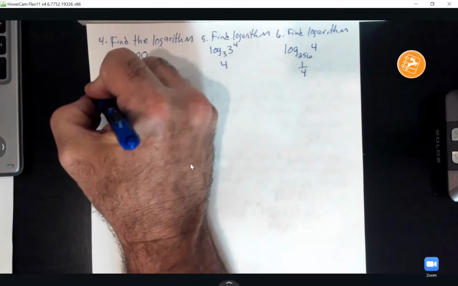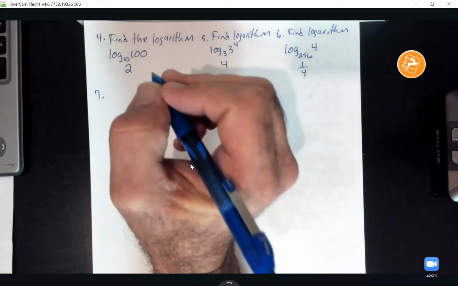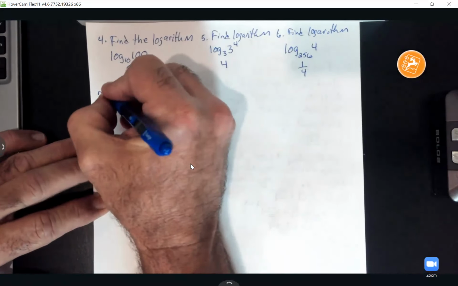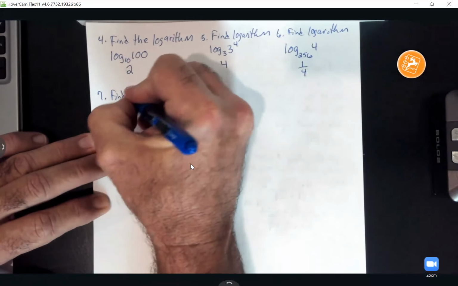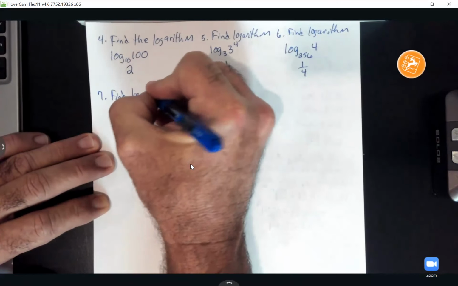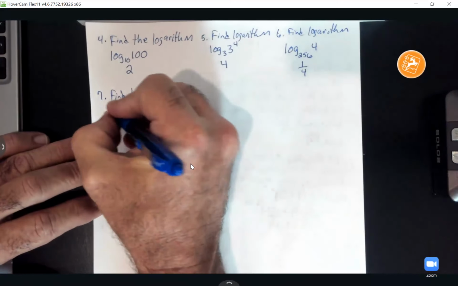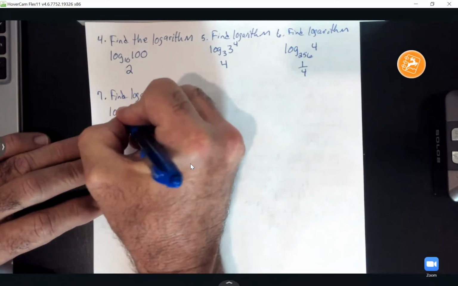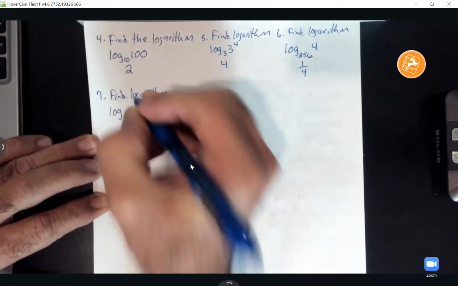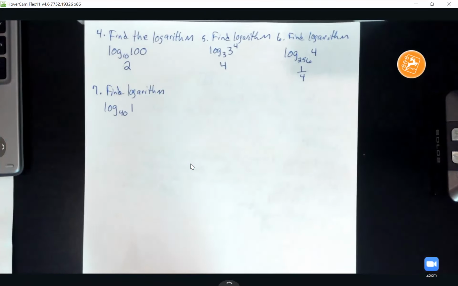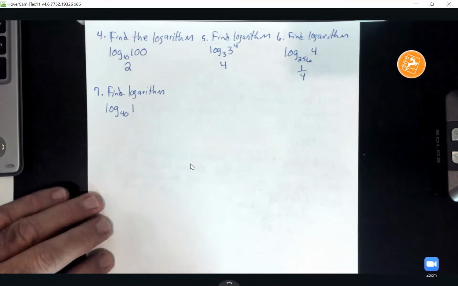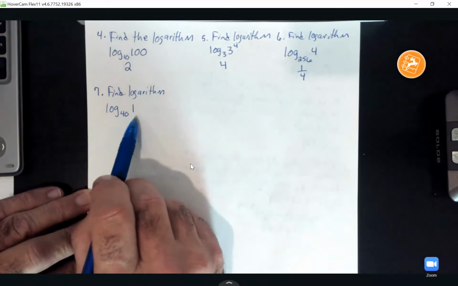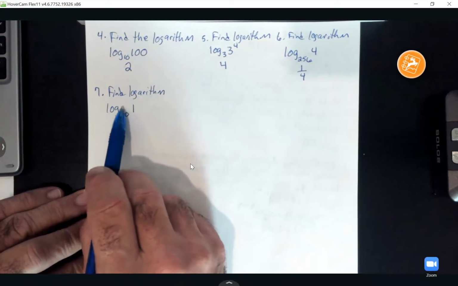All right, let's see, number 7. Another one, it's a find a log. This one is a log base 40 of 1. Now, y'all, on this problem, I don't care what base is here.